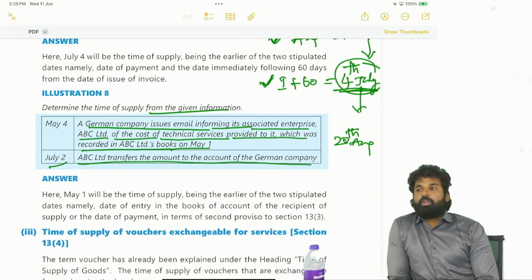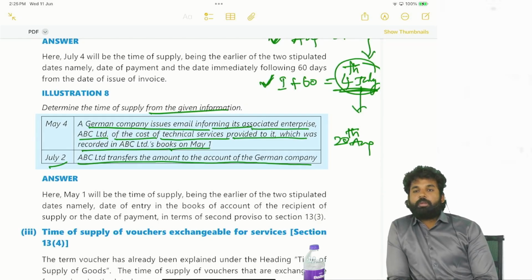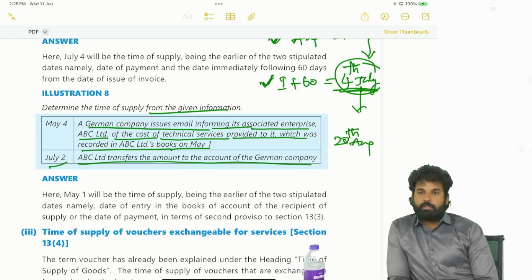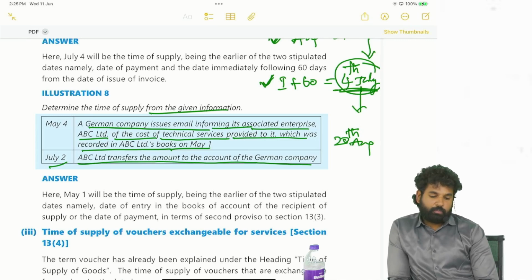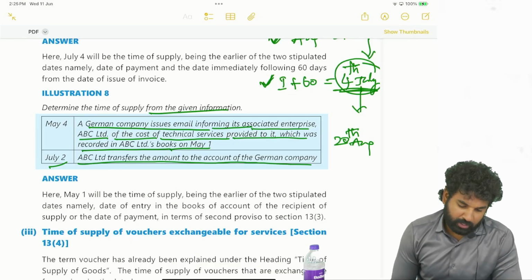With respect to importation of services and with respect to associated enterprises, whenever it is recorded in the books of accounts. So when is it recorded in the books of accounts? May 1st.